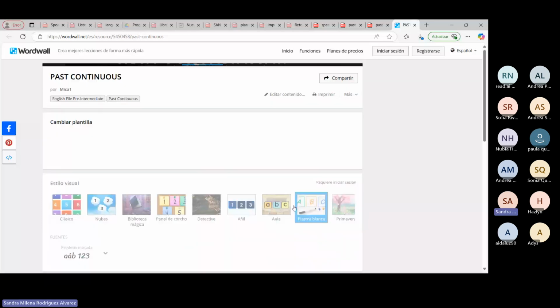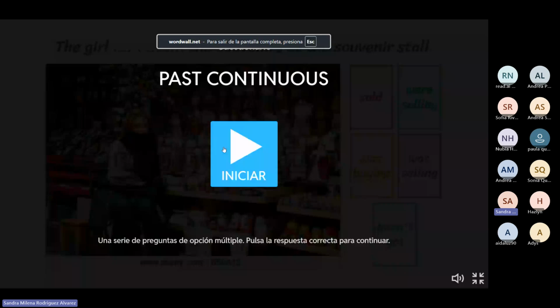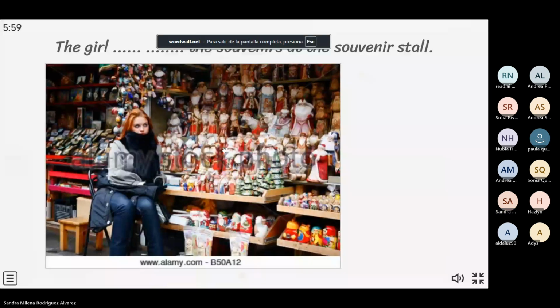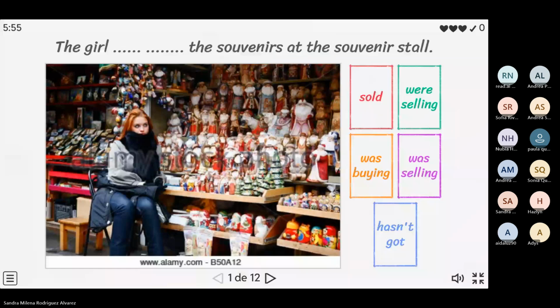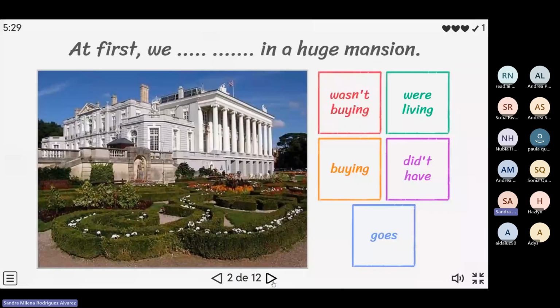Let's start. What was she doing? She was selling at the souvenirs. Very good. At first, we were living in a huge mansion.